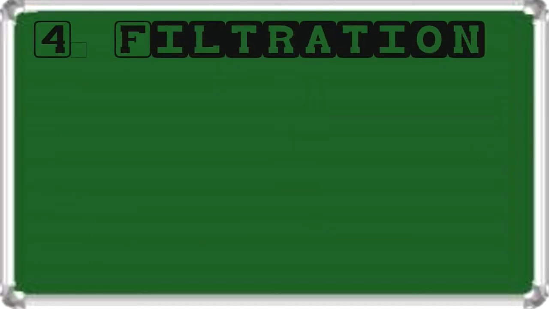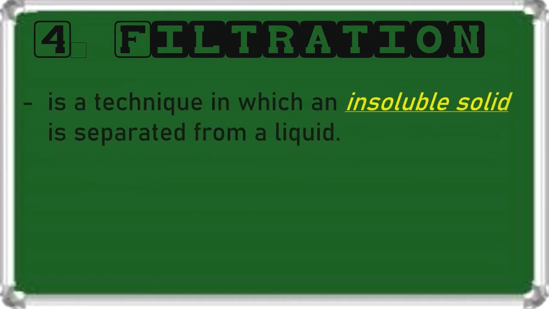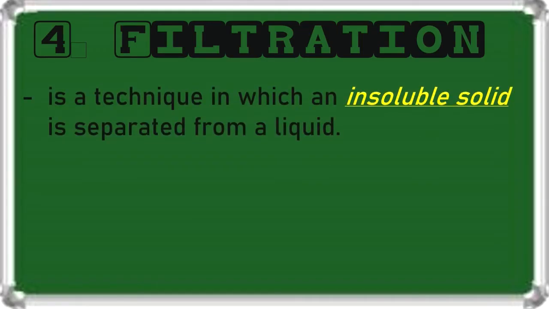Another method of separating mixture is filtration. Filtration is a technique in which an insoluble solid is separated from a liquid. So, insoluble. What does it mean? So, pag sinabi natin insoluble, yung mga hindi natunaw na mga solid. For example, soil and water.